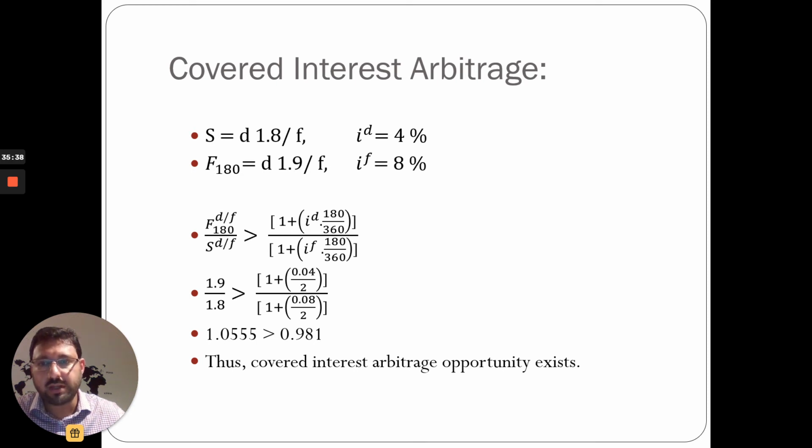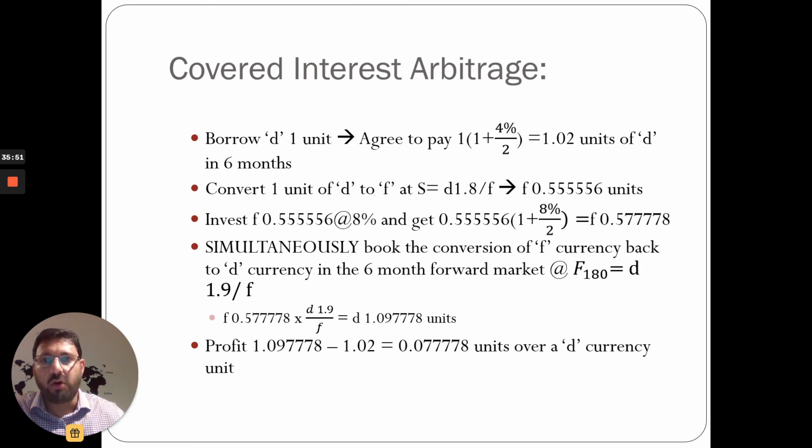So 1.9 divided by 1.8, the left side is greater than the right hand side. If the left hand side, the ratio of the forward to spot, is greater than the right hand side, borrow the D currency, just 1 unit, and agree to pay the interest rate if you want to do the investment for 6 months.